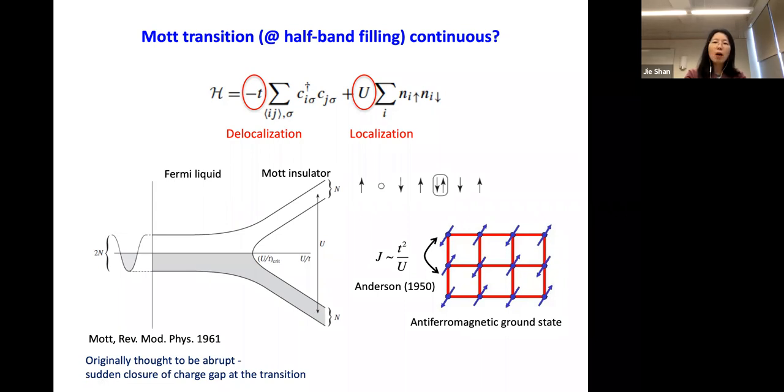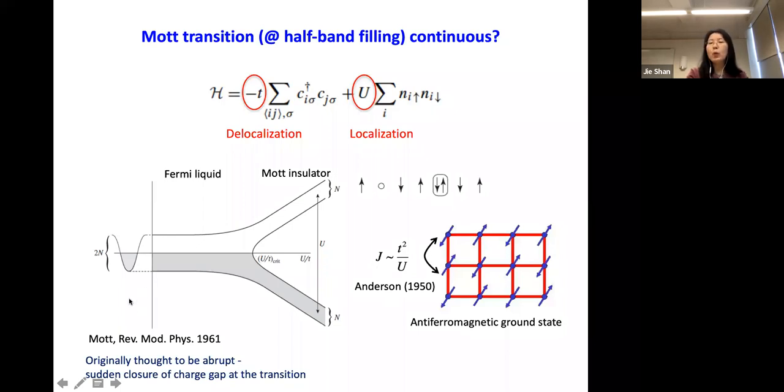Originally, when Mott proposed this question, the thought was that at this transition, both charge and spin go through some change. And the charge transition could be influenced by the magnetic order change.